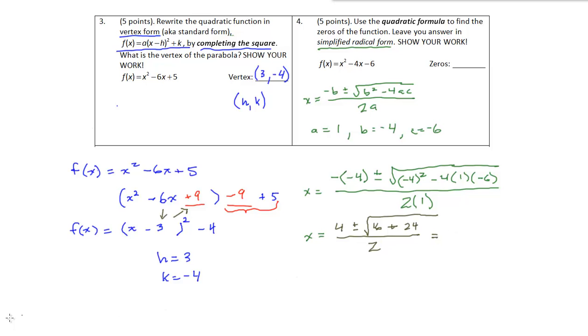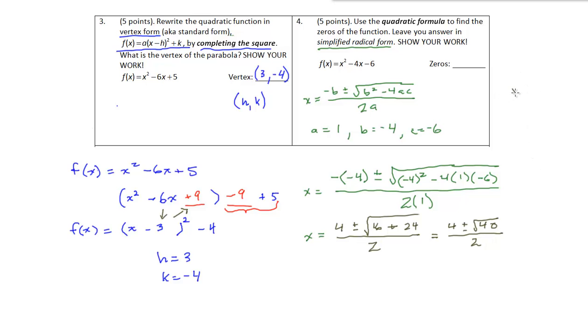That is going to be 4 plus or minus the square root of 40 all over 2. Now, in order to see if we can simplify this, we have to be able to divide the 2 into both of these terms.